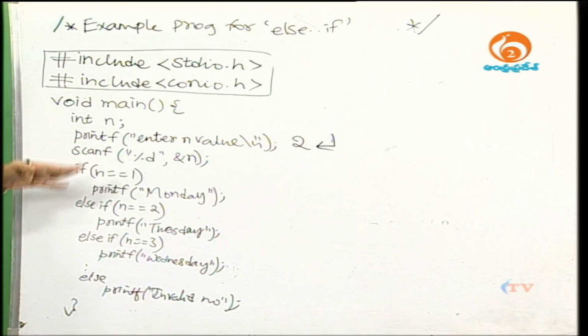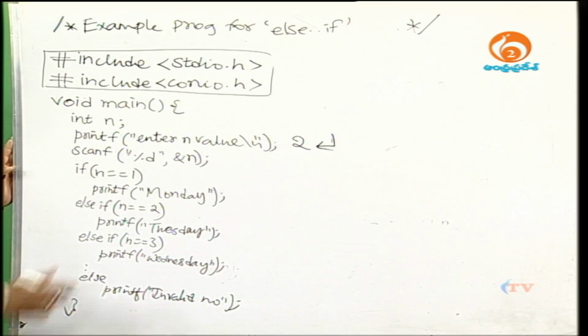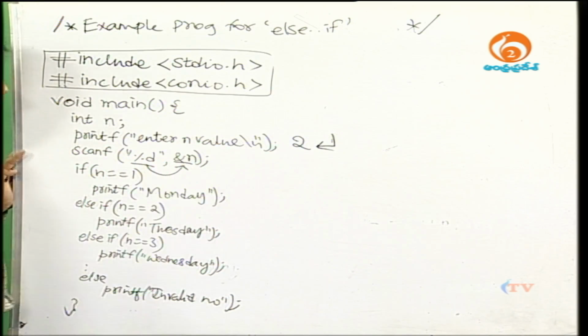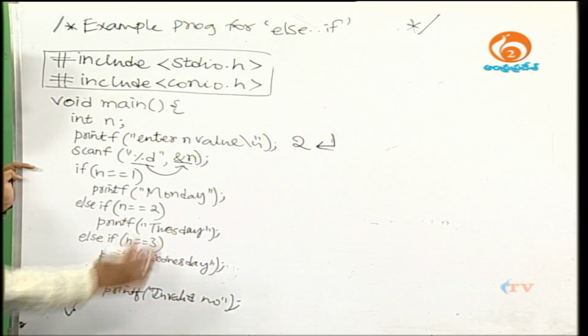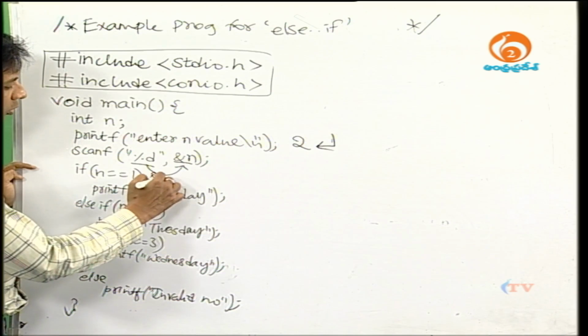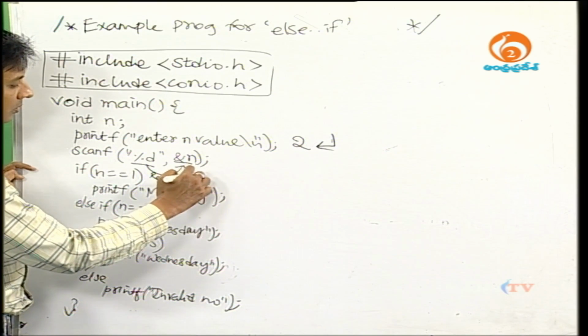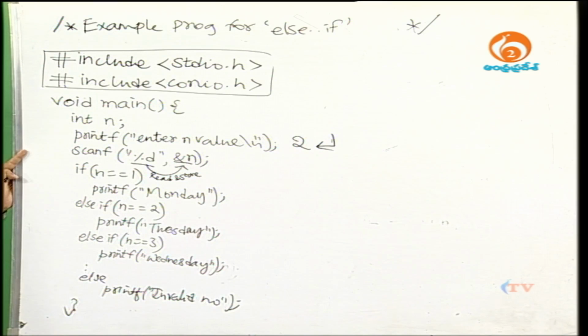The moment I entered 2 from the keyboard, this 2 is read from the keyboard and stored into local variable n. Read and store.